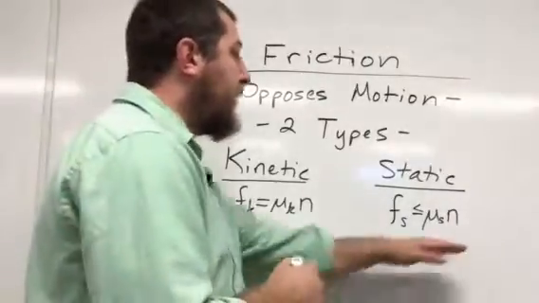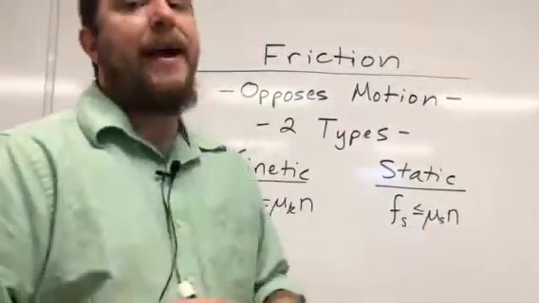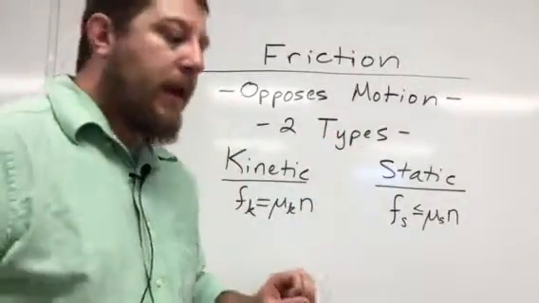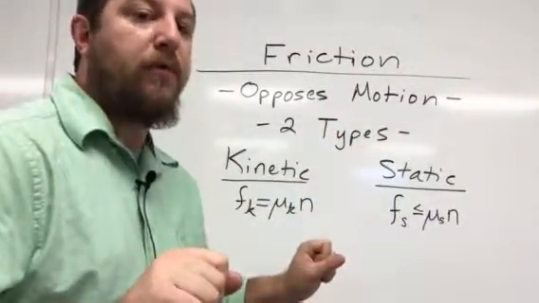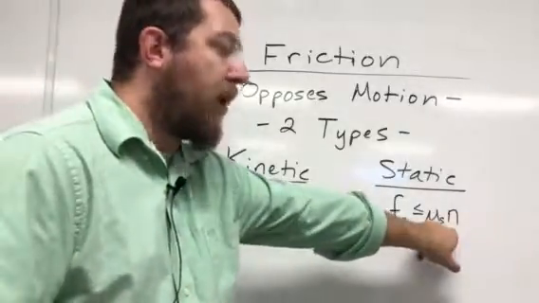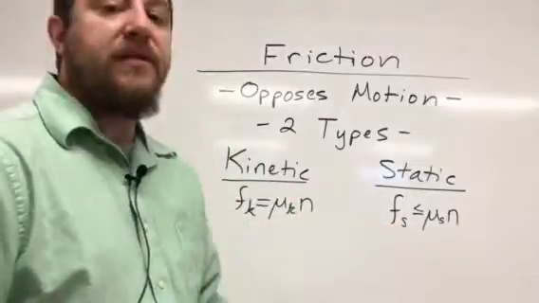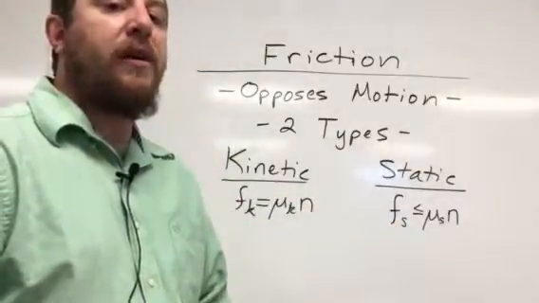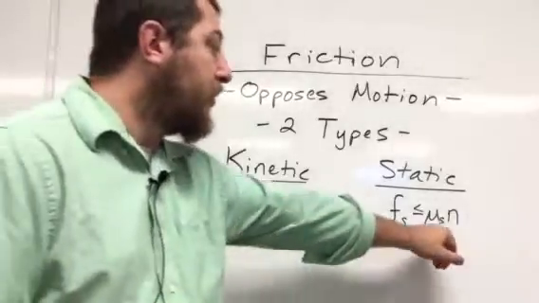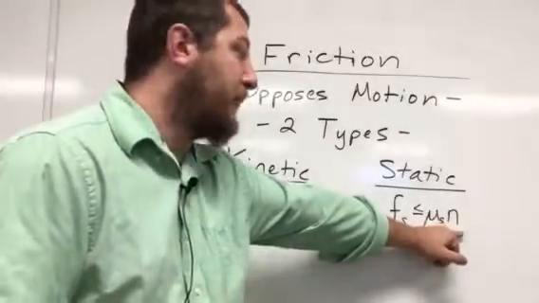So what's happening here with this less than or equal to sign? Imagine you have that giant crate and it's on a rough concrete floor. And so you start pushing on it with a small force, but that force is less than this product. The force of static friction is only going to be as strong as the force you are putting on it, up until you push with this amount of force.